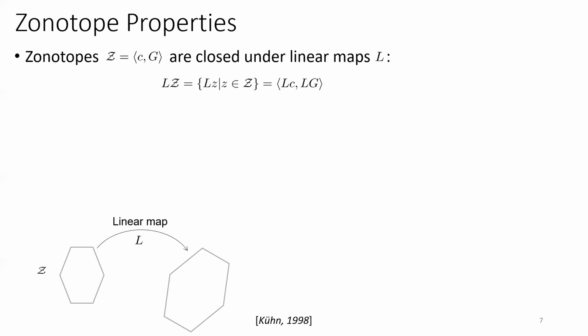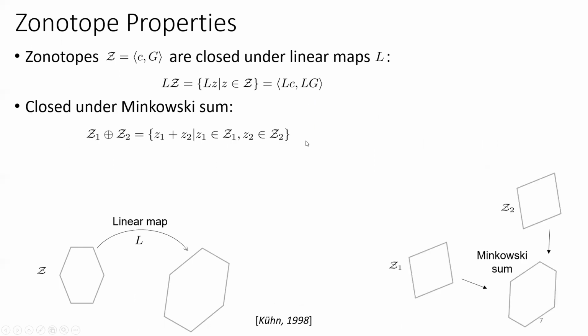Zonotopes have nice properties that allow us to do complex operations using simple computations. For example, we can do a linear map by multiplying the center by L and the generator by L. We can do a Minkowski sum, which means adding each point from the first Zonotope to each point of the second Zonotope.